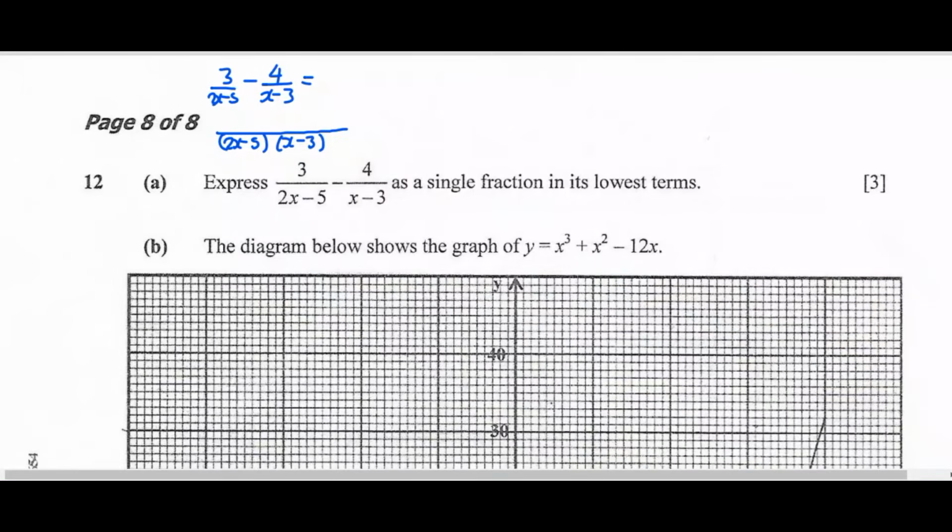Then we divide 2x minus 5 into 2x minus 5, x minus 3. So 2x minus 5 will cancel with 2x minus 5, giving us the 3 multiplying x minus 3, minus 4 here. Then if we divide x minus 3 into x minus 3 times 2x minus 5, this x minus 3 will cancel with x minus 3, giving us 2x minus 5.